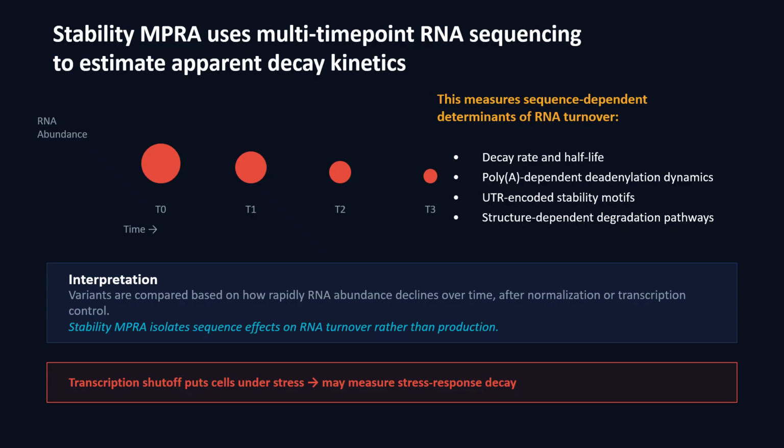Biological interpretation comes from comparing how quickly different variants decline relative to one another after normalization for initial levels and transcription rate. So stability MPRA provides a direct experimental handle on sequence-encoded RNA turnover.